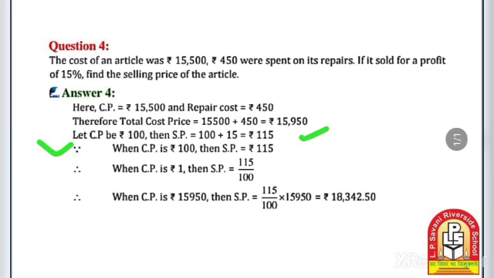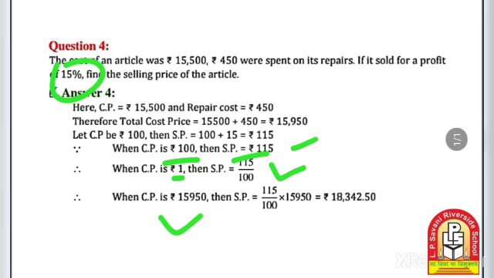So if the cost price is 100, then the selling price is 115, because 15% is profit, so we have to add it. Then if the cost price is rupees 1, then the selling price is 115 by 100, multiplied with 15,950.